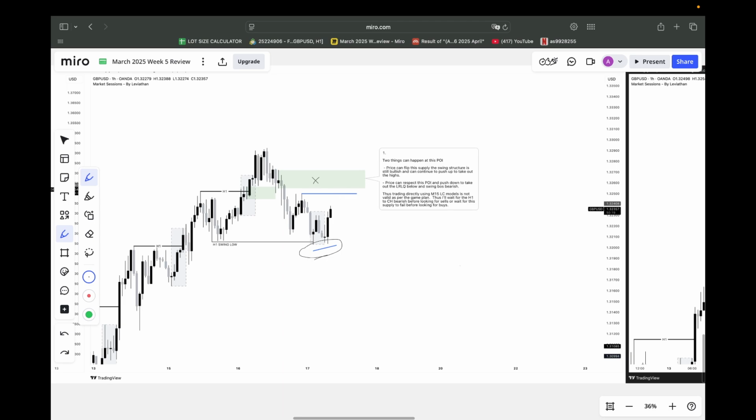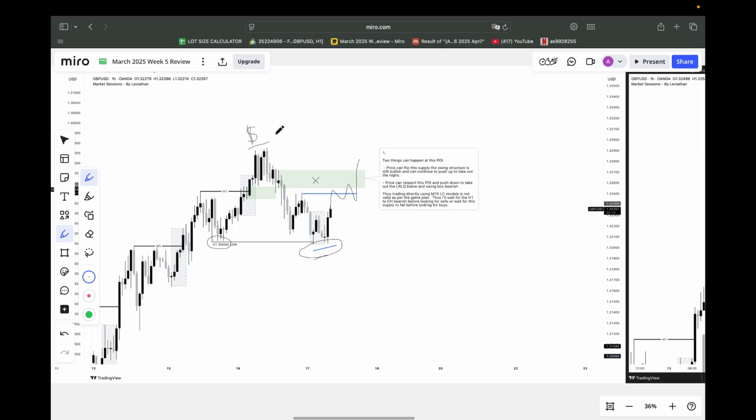caveat is, two things can happen on this POI. One is the price took out the swing low, so it can flip the supply, and this high now becomes weak because it failed to take out this low. So this can be flipped and the price can take out the buy side liquidity above.